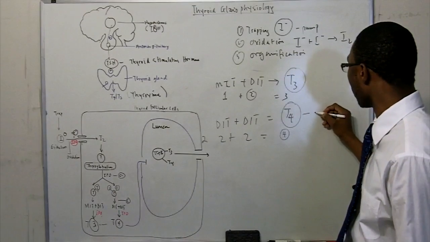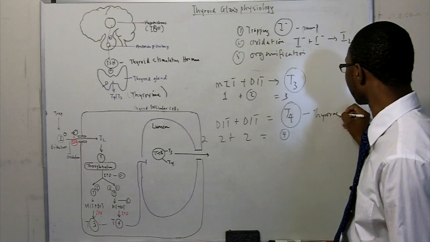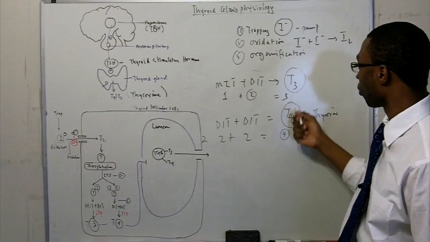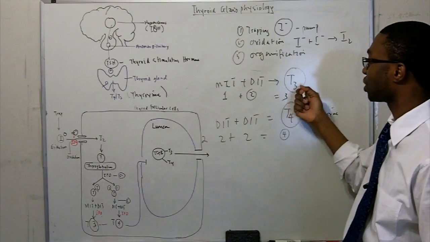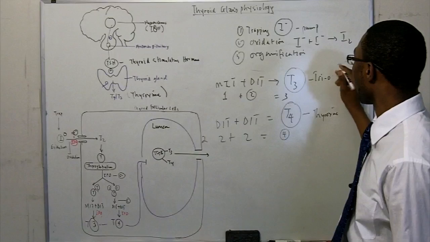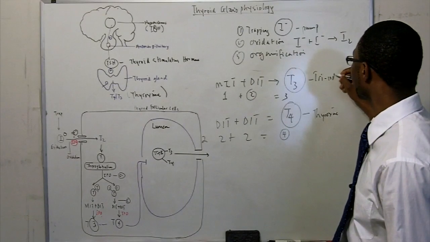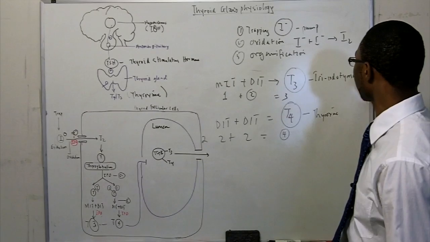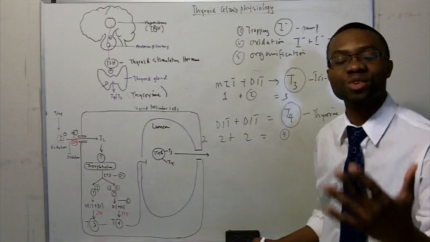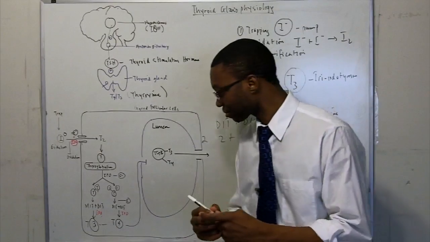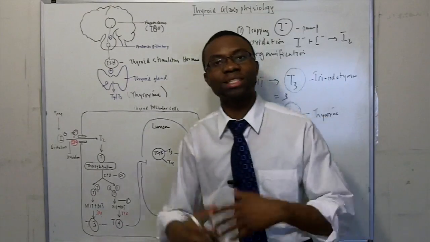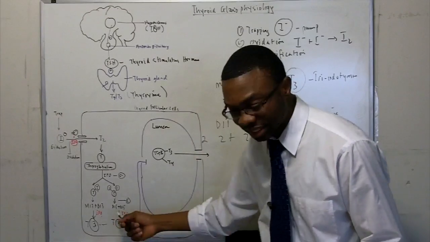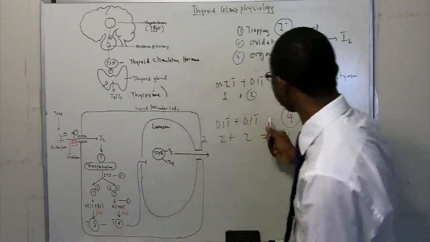Now, T4 is thyroxine. When you have one less, this is tri-iodotyrosine. What do we think T4 is? Tetra-iodotyrosine.